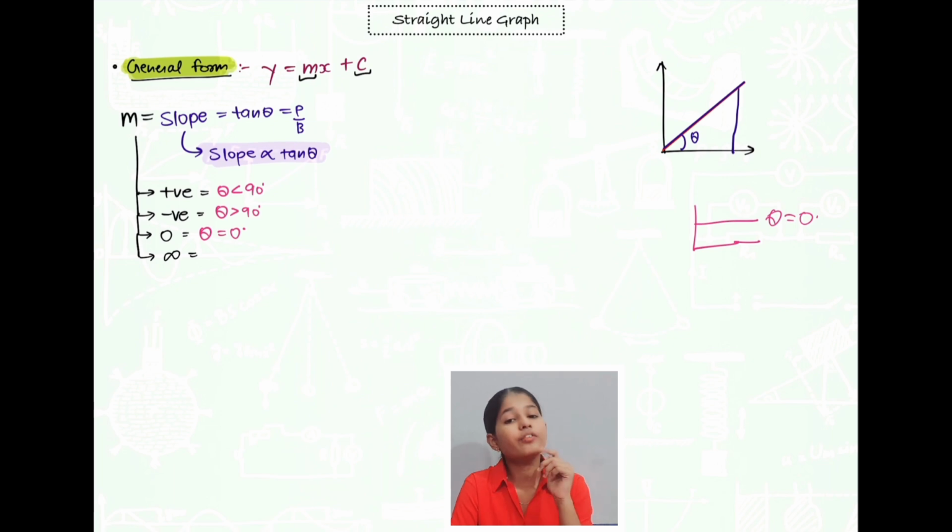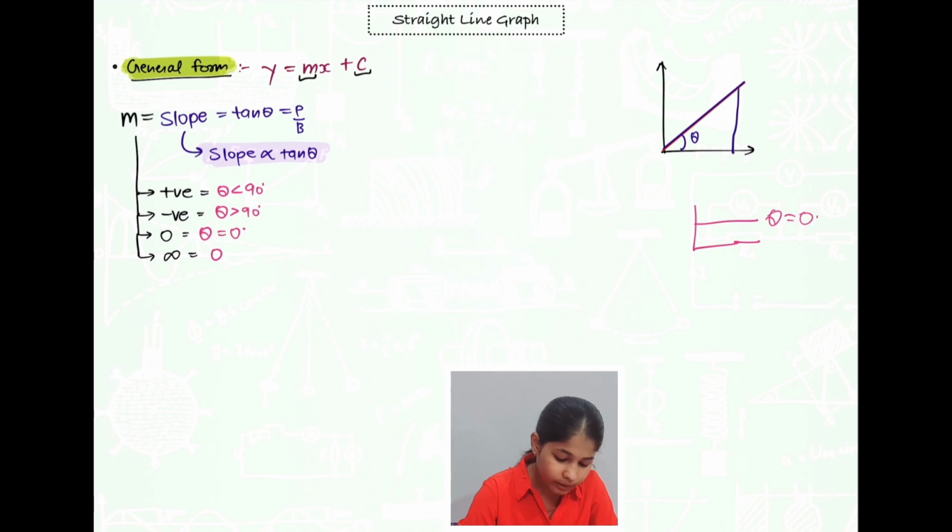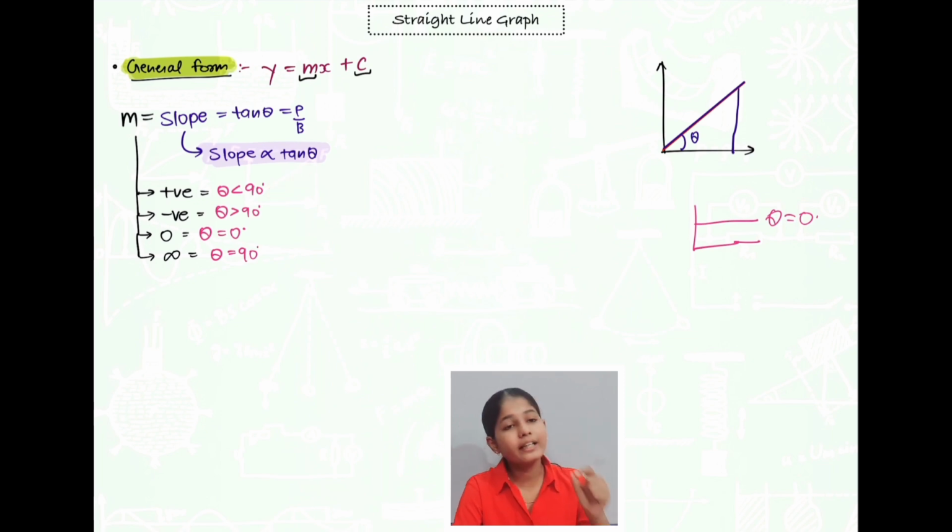Now when will the slope become infinite? When the theta is equal to 90 degree. Means when the theta is less than 90 degree, it will become positive slope. When theta is greater than 90 degree, it will form negative slope.